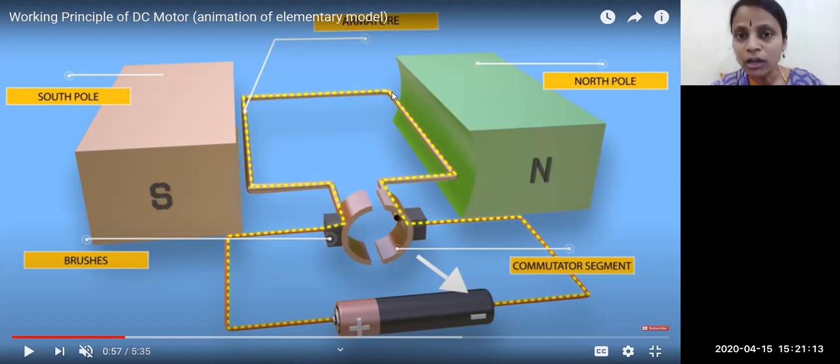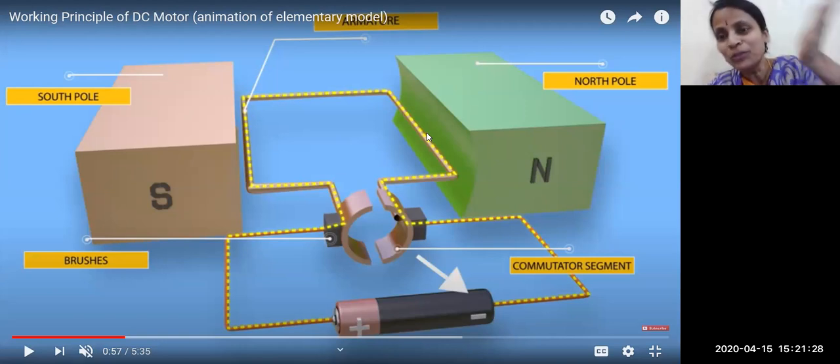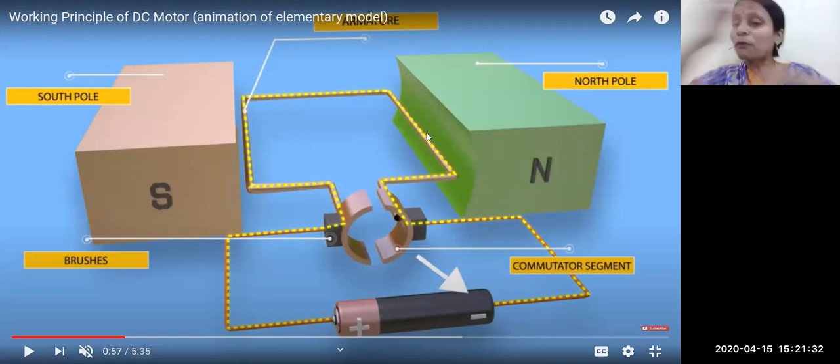This particular arm, which was initially closer to north, will now be closer to south. And because of the direction of the current, that arm will move up. That means the arm which moved down will move up, and the other one will go down. This process will keep continuing as long as there is a continuous supply of direct current.